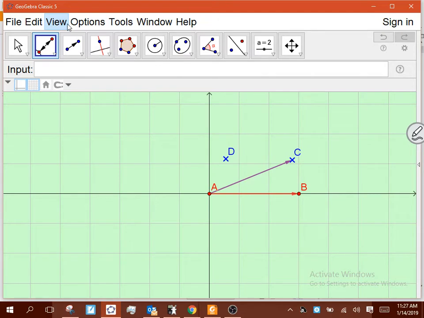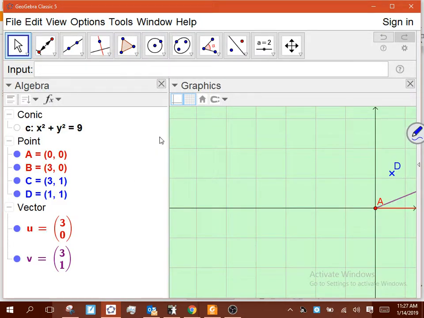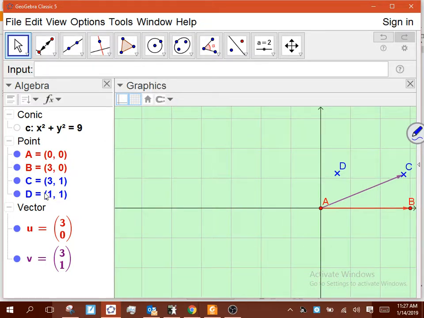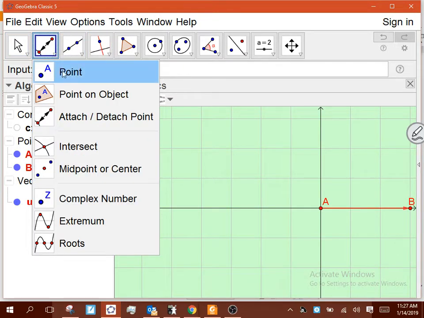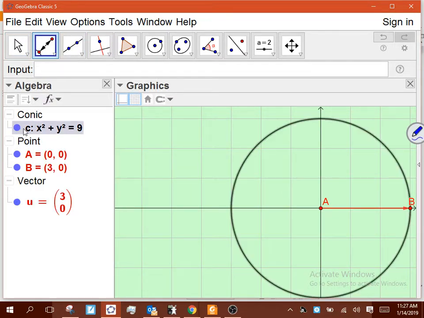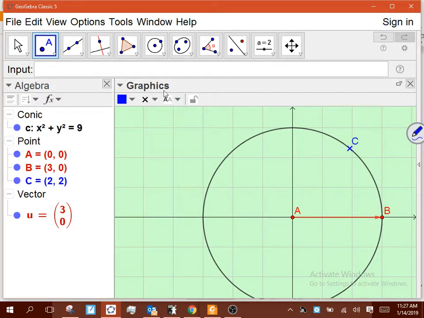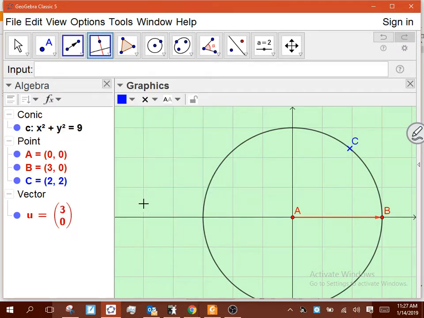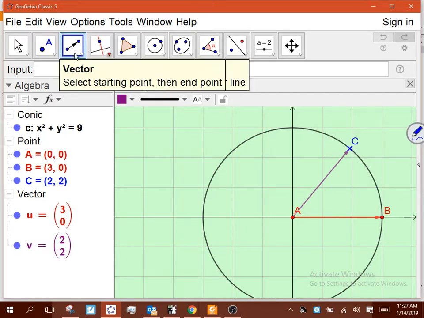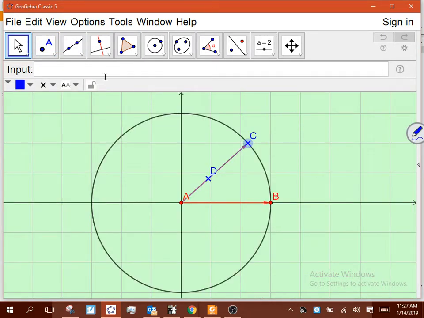Do I have something in the background? Let's just get rid of that. I'm just trying to create a point here so I can trace it. There we go. Yeah, it's weird.